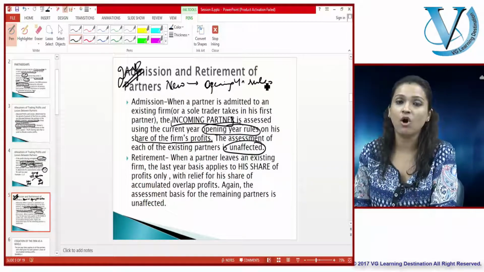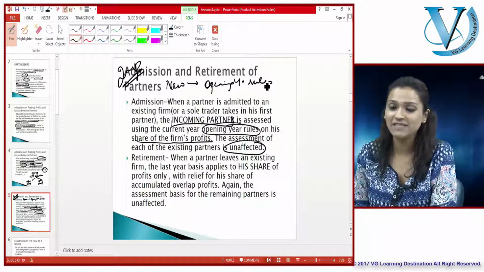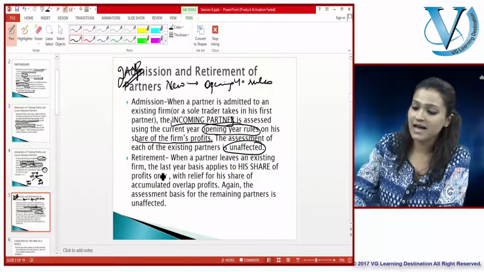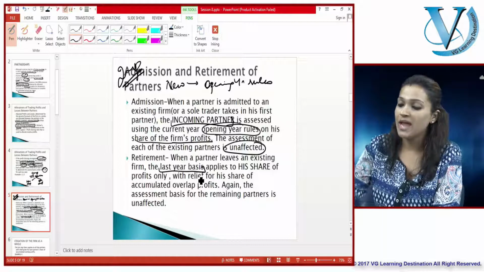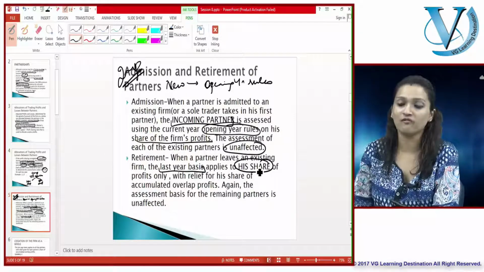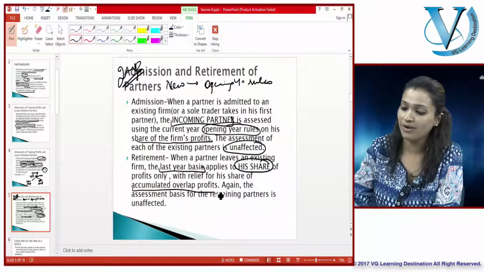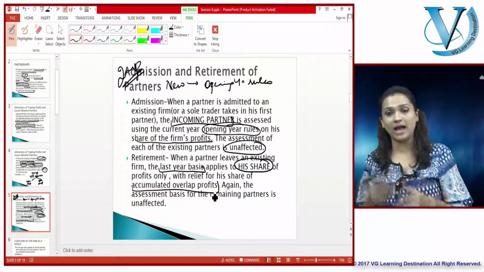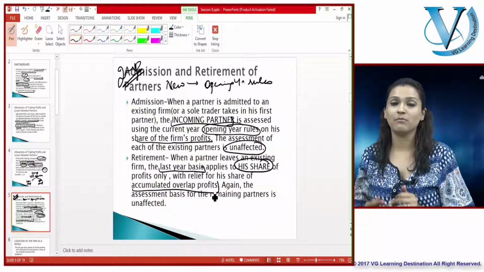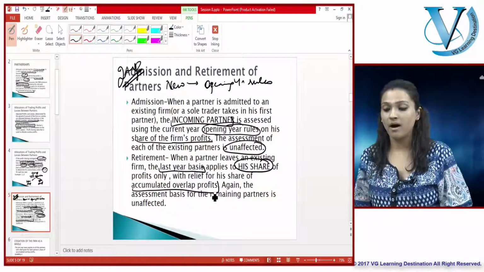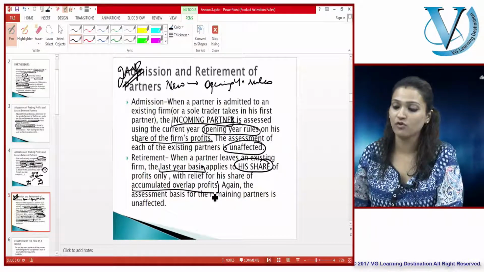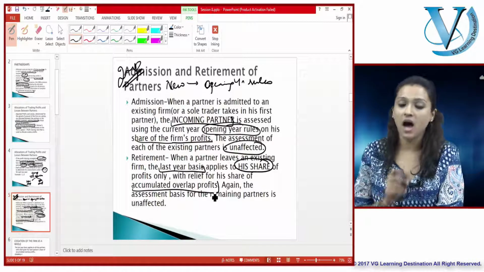What happens upon retirement? When a partner leaves his existing firm, the last year basis applies to his share of profits only, with relief for his share of accumulated overlap profits taken at the time of retirement, at the time of ceasing to act as a partner. Again, the assessment basis for all the remaining partners remains unaffected.